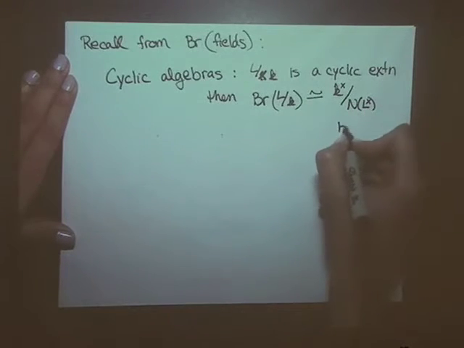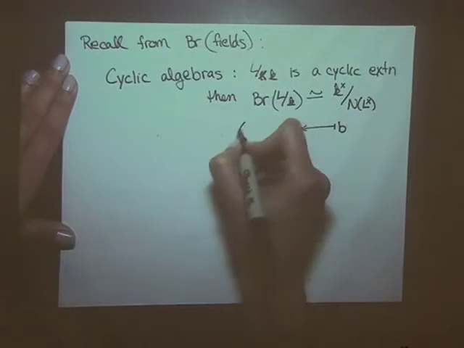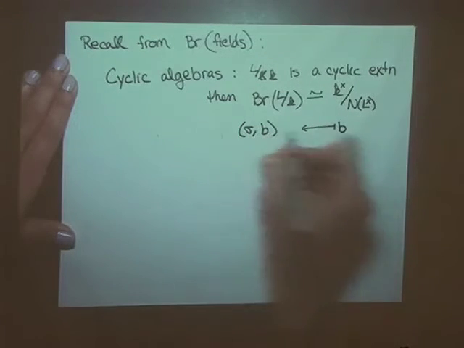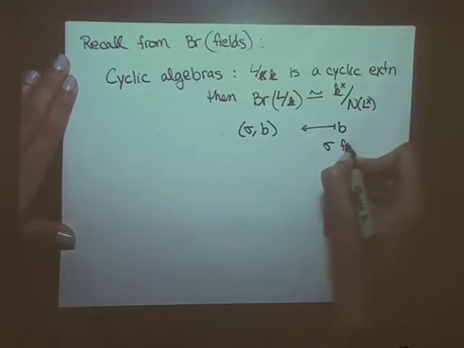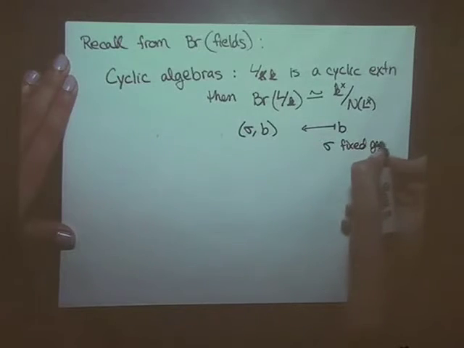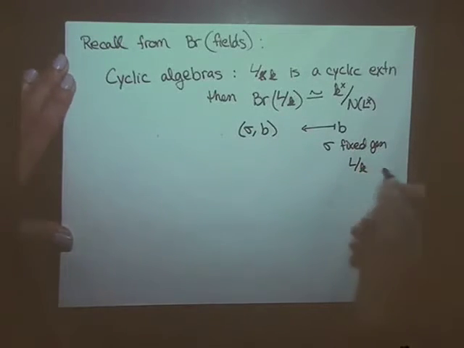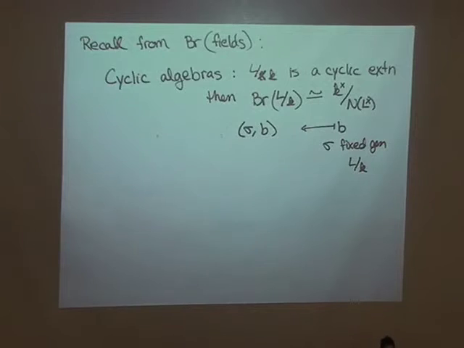And the map takes in a class B and sends it to the cyclic algebra (L/K, sigma, B), where sigma is a fixed generator of L over K. Okay, so this is still not completely trivial, because to determine whether something is trivial, we have to figure out whether it's a norm, but at least it's some general machinery. Maybe for special types of extensions, we have some tools that we can use.